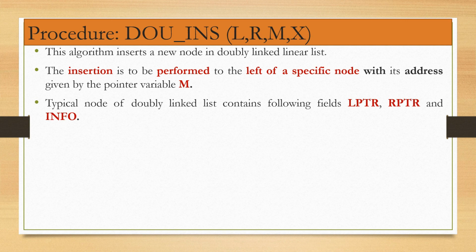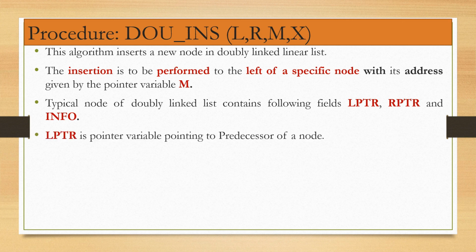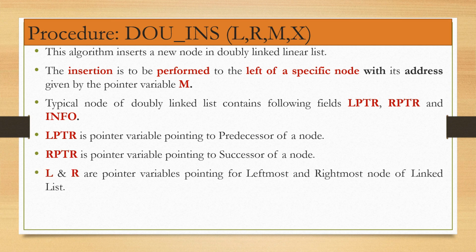A typical node of doubly linked list contains the following fields: lptr, rptr and info. lptr is a pointer variable pointing to the predecessor of the node. rptr is a pointer variable pointing to the successor of the node. L and R are pointer variables pointing to the leftmost and rightmost node of the linked list. New is the address of the new node and X is the value to be inserted.